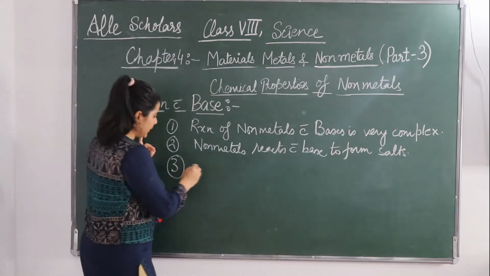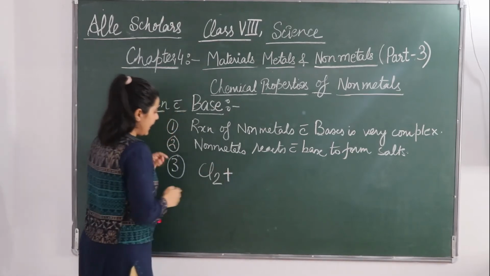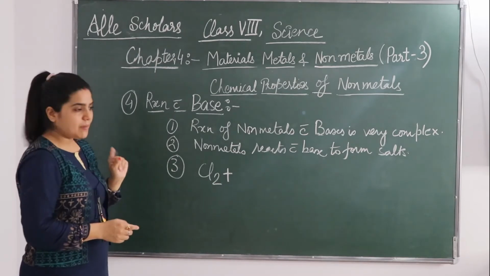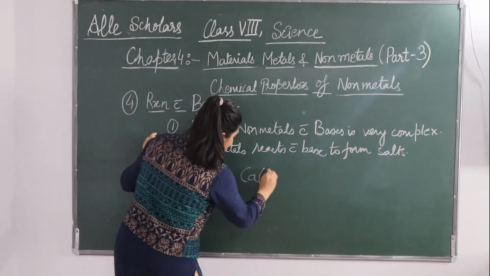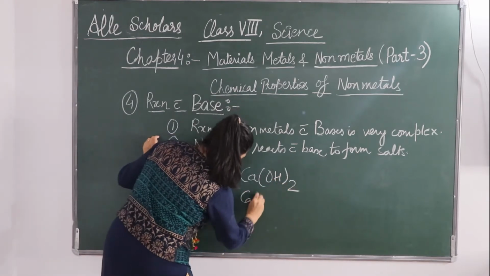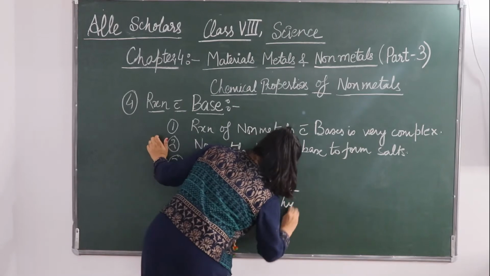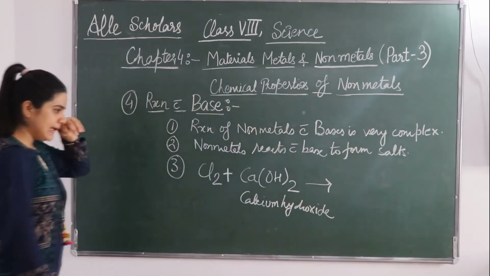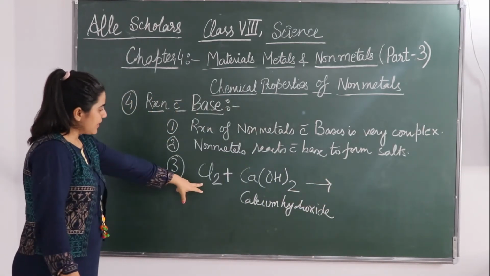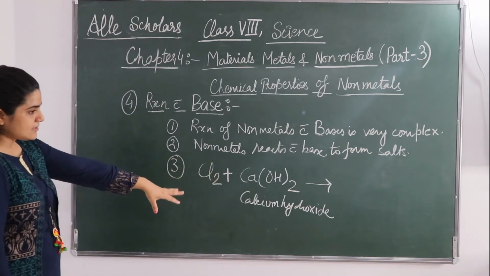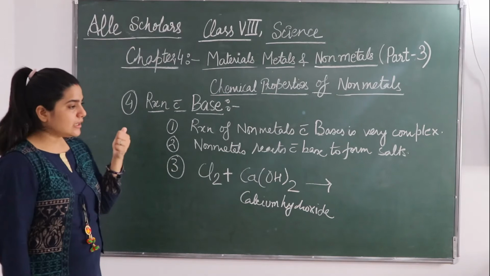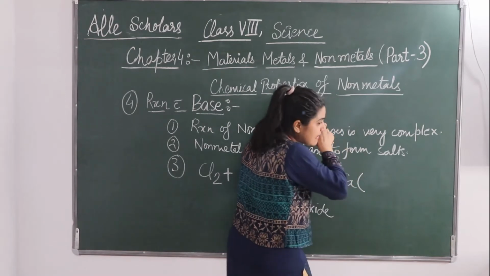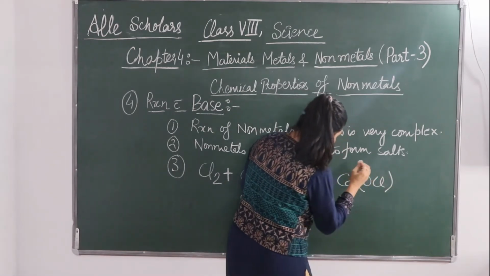Chlorine is a non-metal, Cl2, and when it reacts with a base, the base we are using here, calcium hydroxide, Ca(OH)2, a salt is formed, CaOCl2.